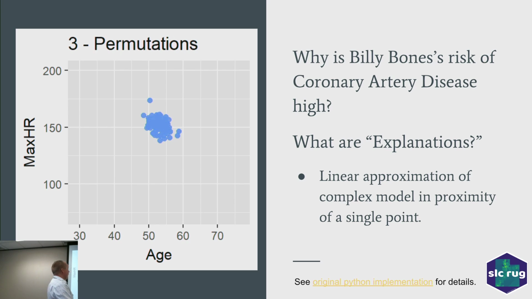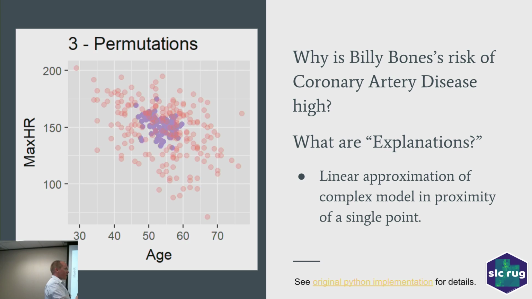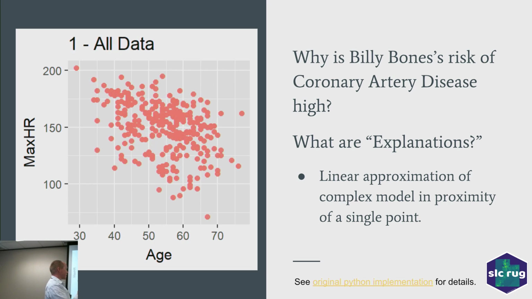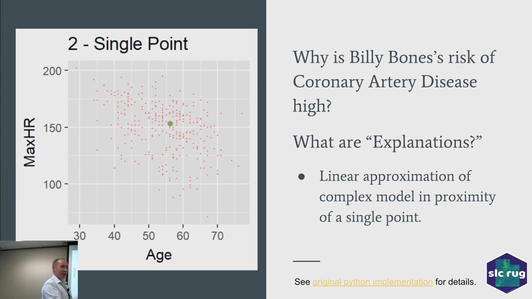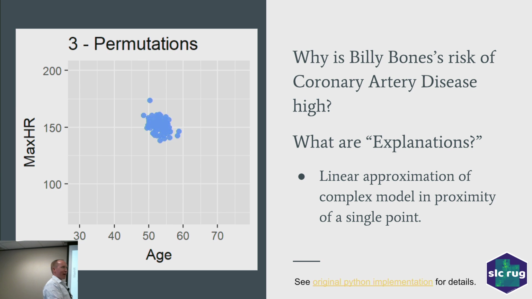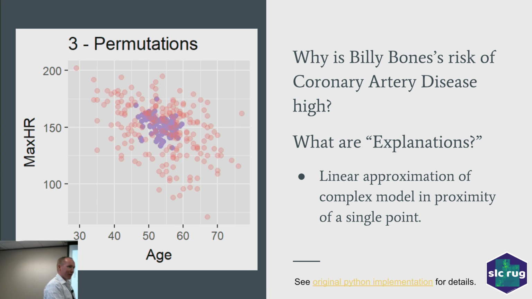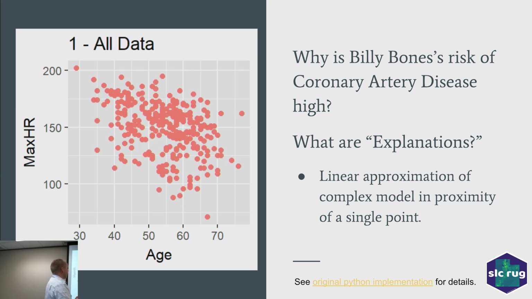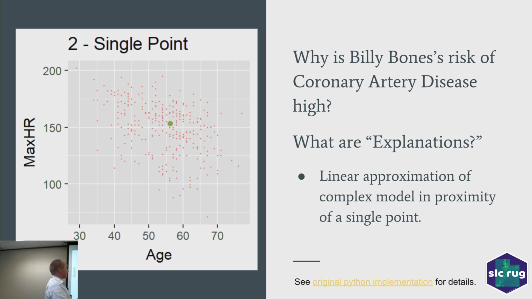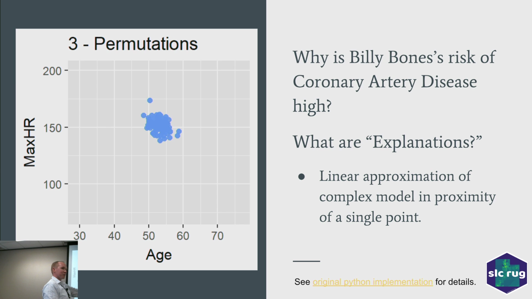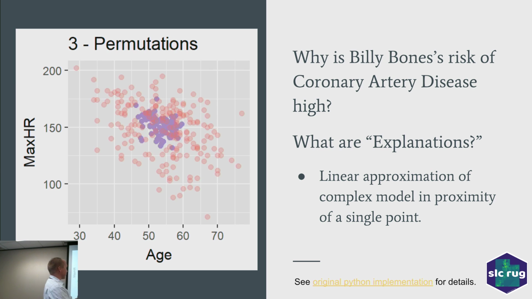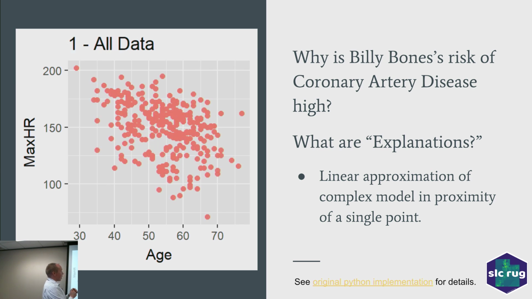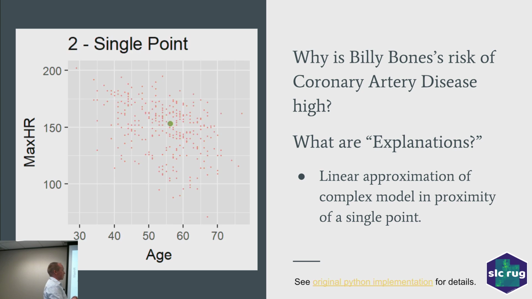And then you fit, there's different methods. The simplest is just fit a ridge regression, or regression with L2 norm penalization, to get the coefficients that most affect that patient's probability of having coronary artery disease, right?